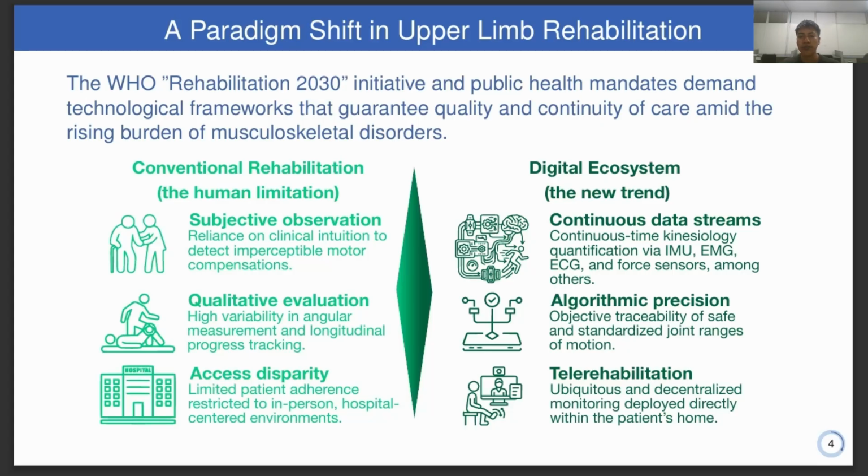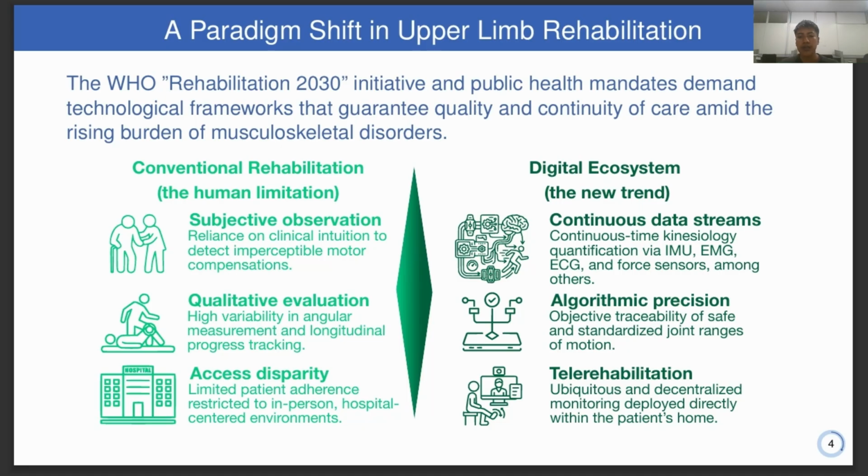To solve these problems, our work introduces the high-fidelity digital ecosystem shown on the right. By using advanced wearable sensors, we change discrete clinical observation into continuous multimodal data streams. This allows us to capture complex human movement and physiological data in real time.